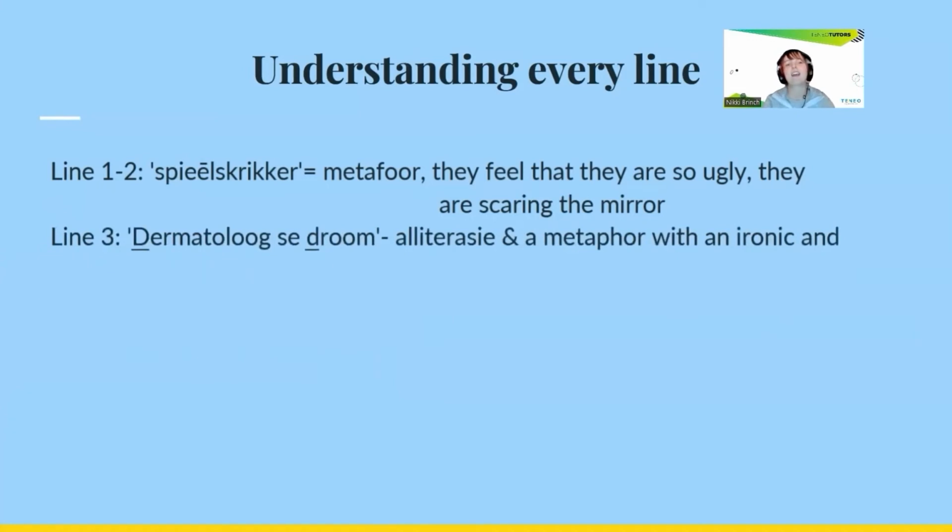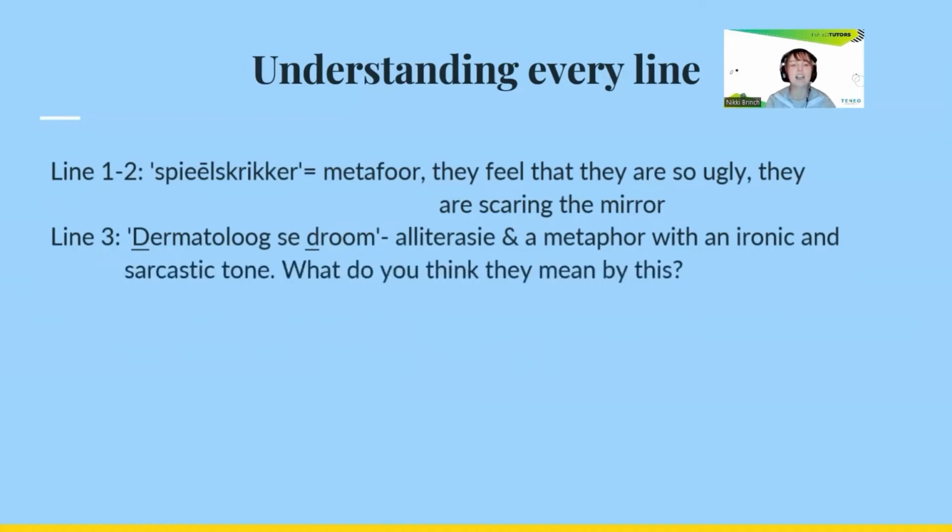Then they're saying in line 3 that this character is a dermatoloog syndrome. So here they are saying that you find alliteratie, which is alliteration, and a metaphor with an ironic and sarcastic tone. Why would that be? So a dermatoloog is a dermatologist. And here he's saying, I'm a dermatologist's dream. Now, no one really wants to go to a dermatologist, am I right?